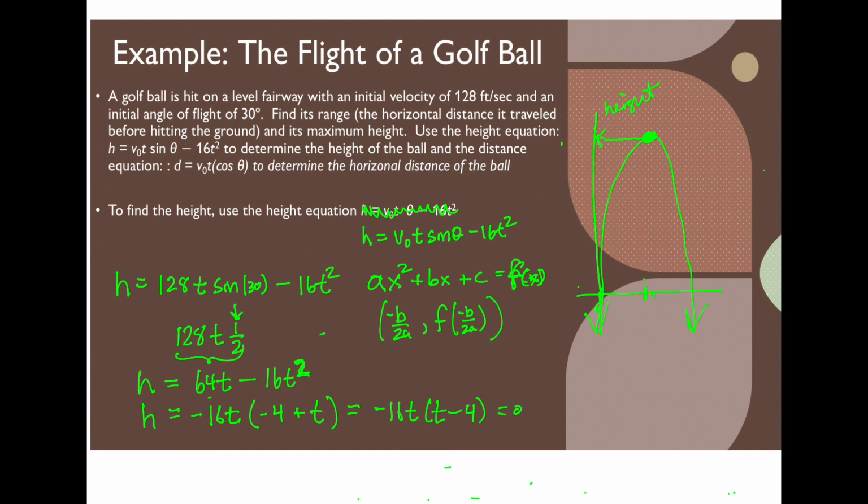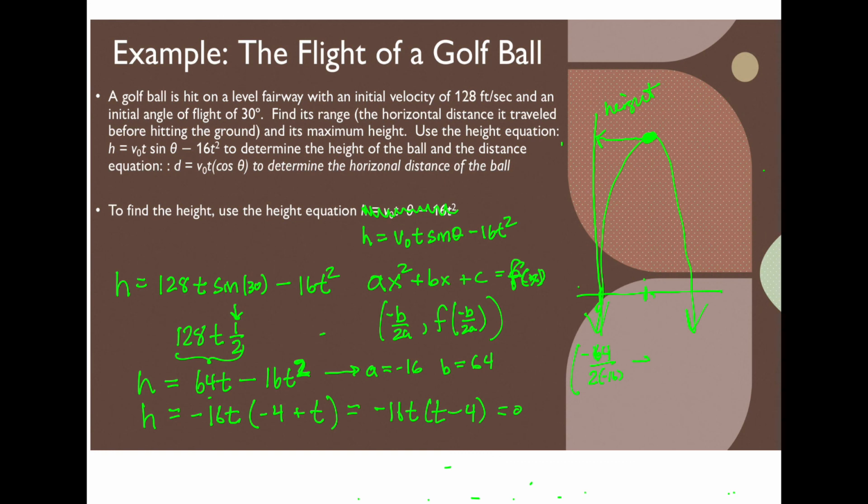The maximum height is going to occur at the vertex. So for this particular equation, A is going to be negative 16, and B is 64. So taking the opposite of B, that would be the negative of 64 over 2 times A. A is negative 16, which is negative 32.